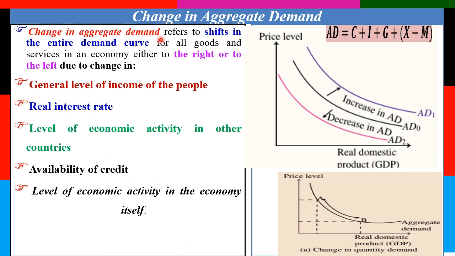Change in the aggregate demand refers to a shift in the entire demand curve for all goods and services in the economy, either to the right or to the left, due to the change in general level of income of the people, real interest rates, level of economic activity in other countries, or availability of credit. And the last one is the level of economic activity in the economy itself.